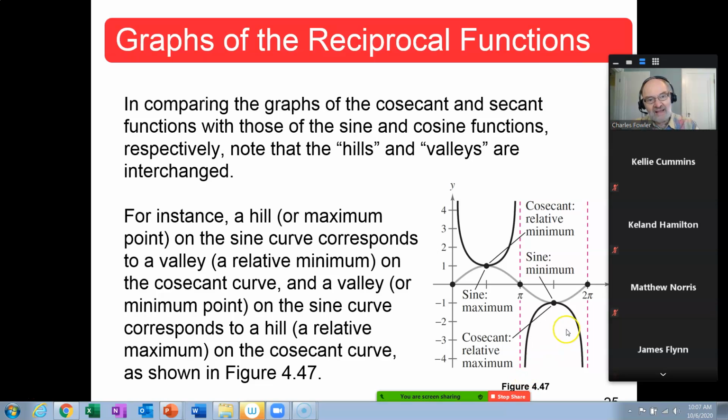And then when you hit the 0 for sine again at 2 pi, another vertical asymptote there. So basically what I say is on the max and the min, they kiss and go in opposite directions. The cosecants go up here and sine goes down. Here the sine goes up and the cosecants go down.